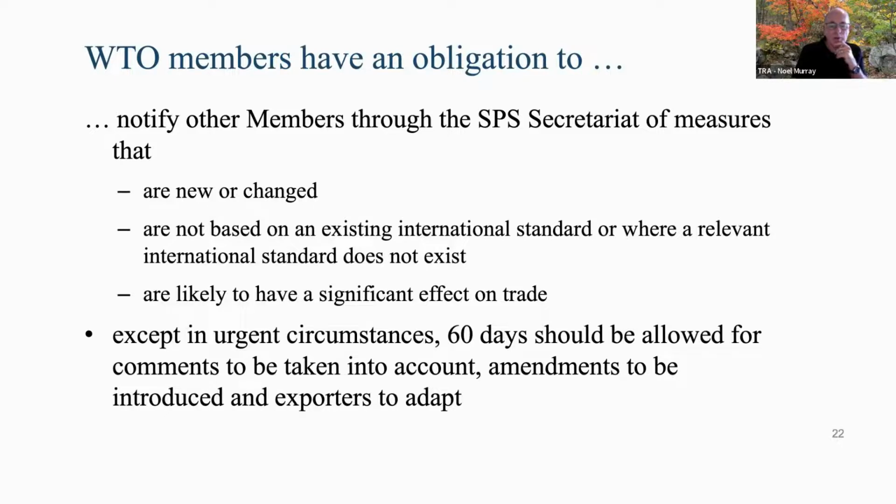It's important that a sufficient amount of time, and 60 days is recommended, be allowed for comment to be taken and amendments to be introduced and exporters to adapt. And that should be the normal course of events, unless circumstances are urgent or it's an emergency situation. But in most situations, we need to allow a sufficient period of consultation to occur with members.